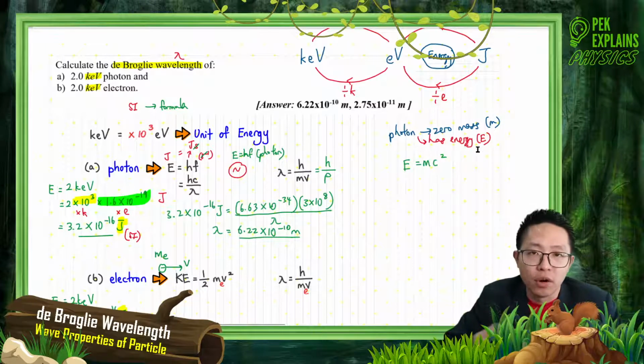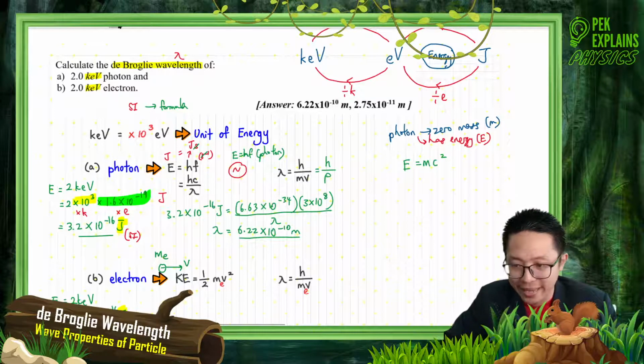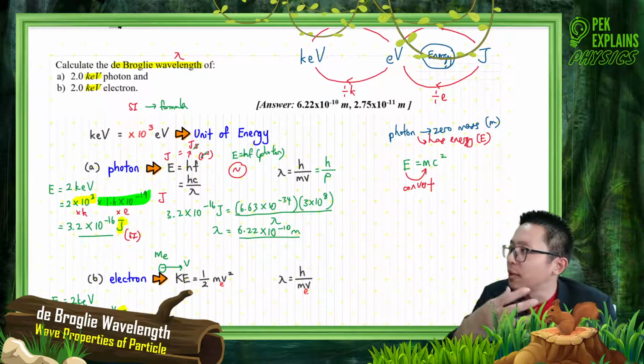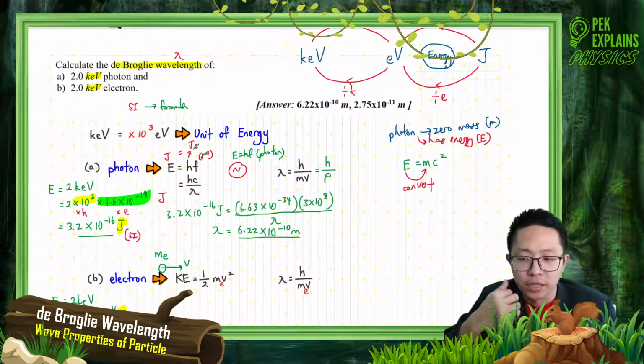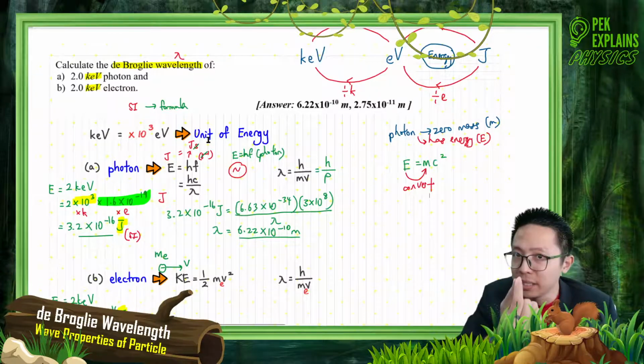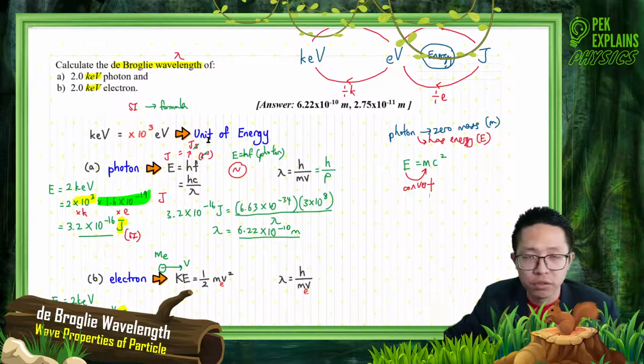Energy actually is a form of mass, because energy can be converted to mass. Later you learn about nuclear reactions, you will learn that actually a little bit of mass can be converted to a lot of energy.